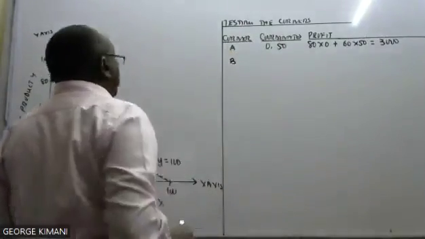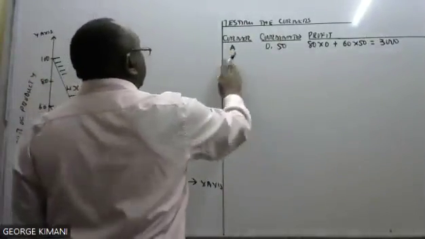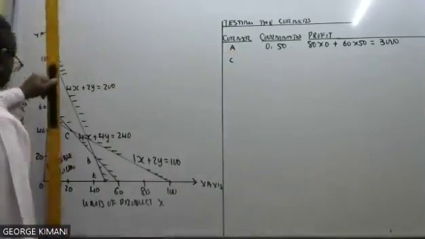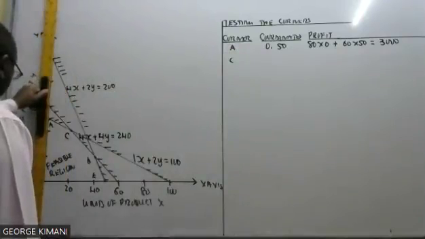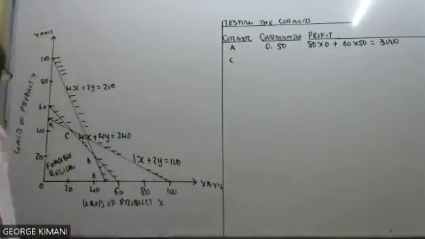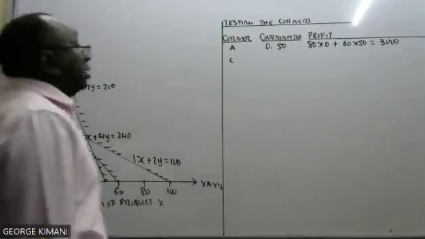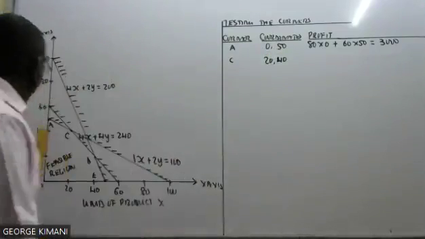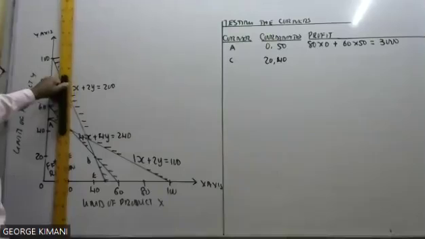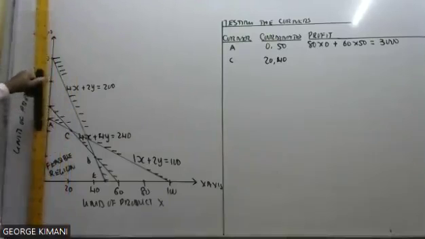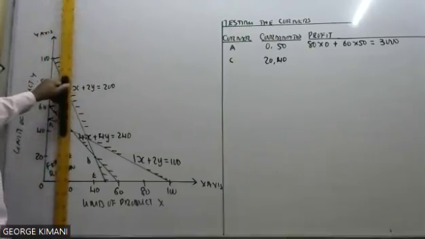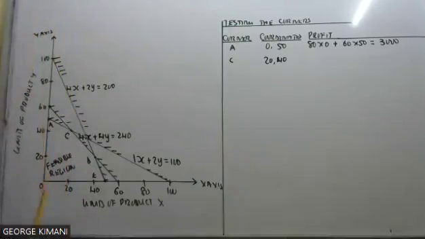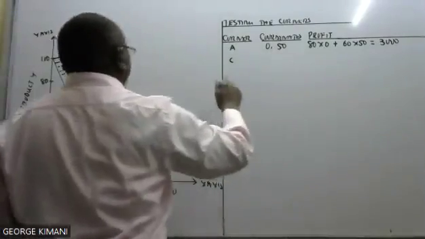We go to B. Not B, C. Are the corners of C visible? It's clear. It's 40, 20. See there? No, 20, 40. Is that so? Corner C. Mine has come out very well. Where does it reach there? If it hasn't reached, leave it first, we will solve later.